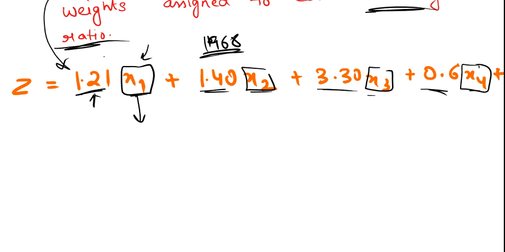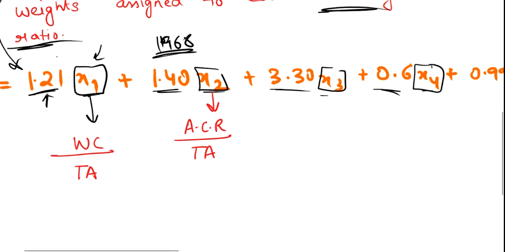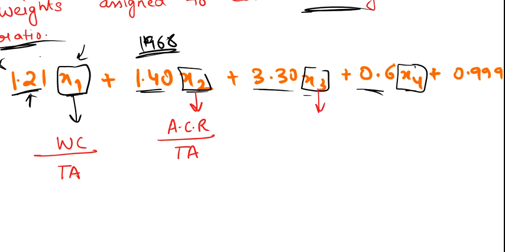So write down what is x1. x1 is working capital by total assets. X2 is accrued capital reserve by total assets. Next, X3 is EBIT by total assets.